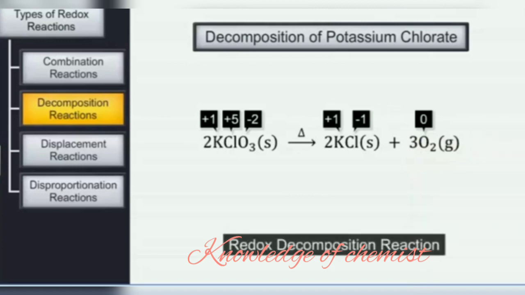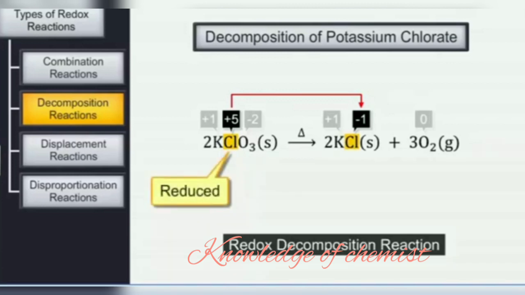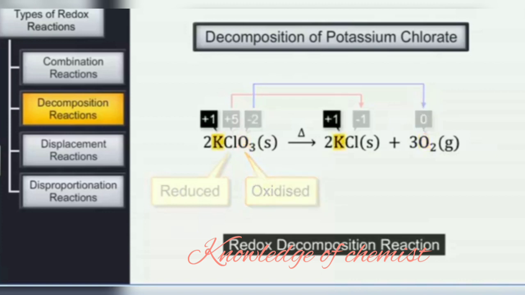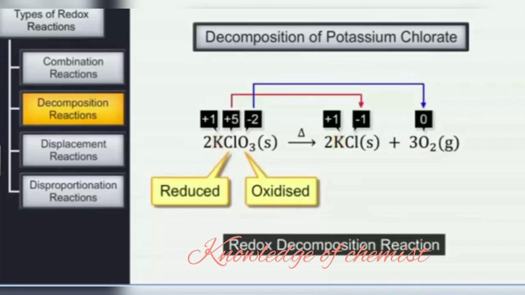The oxidation number of chlorine decreases from +5 to -1 as it gets reduced, while the oxidation number of oxygen increases from -2 to 0 as it gets oxidized. Here, note that there is no change in the oxidation state of potassium.